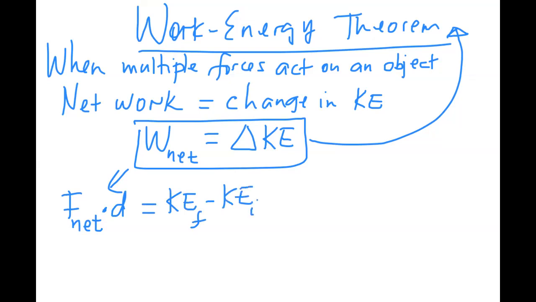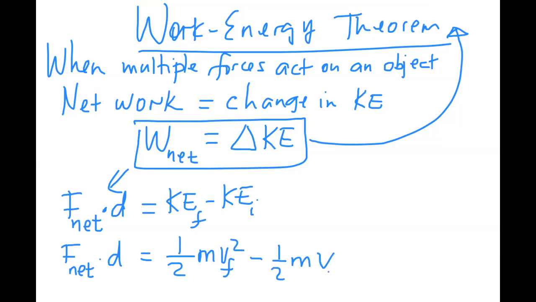And we can also break this down further to say that the net force times distance is equal to 1/2 mv final squared, remember, the kinetic energy is 1/2 mv squared, minus 1/2 mv initial squared.